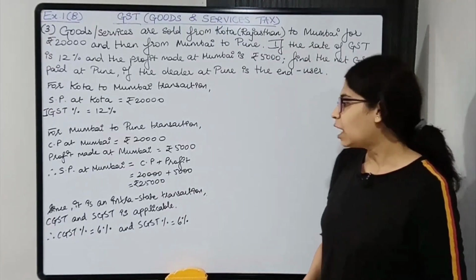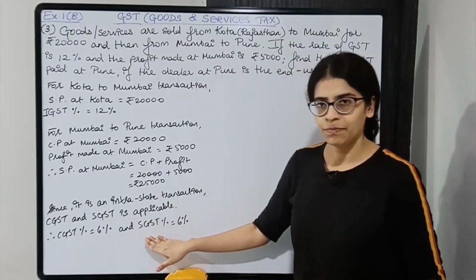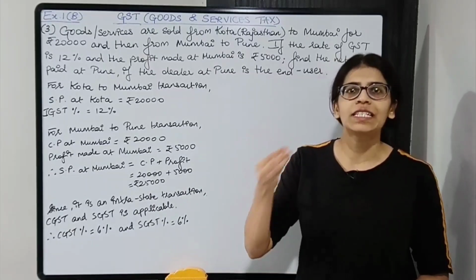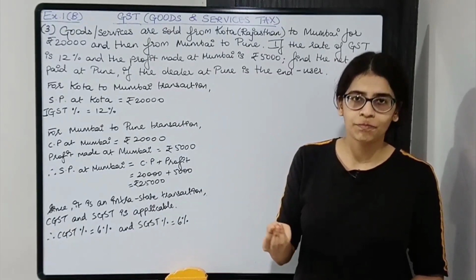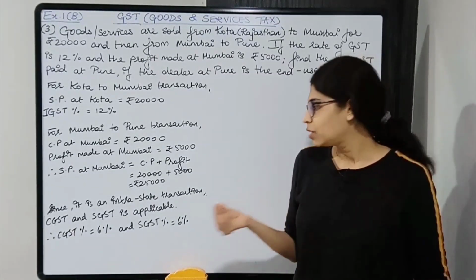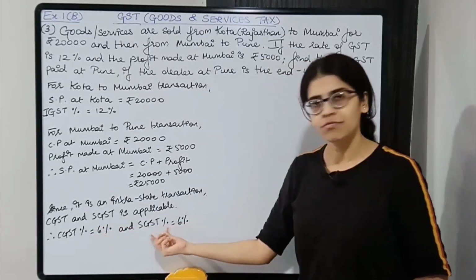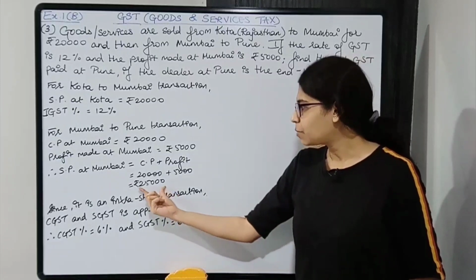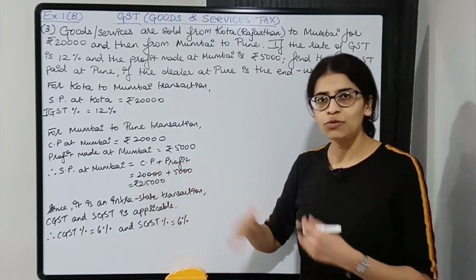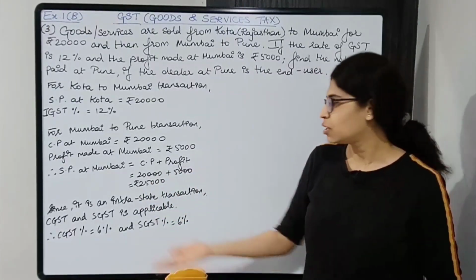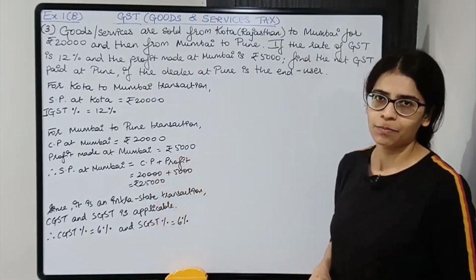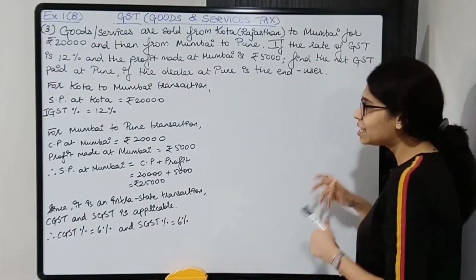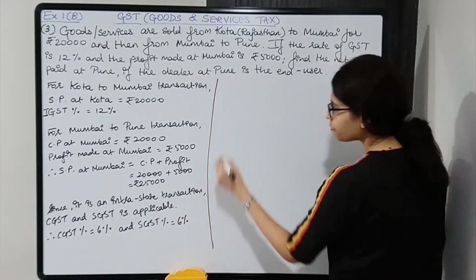Okay. Now let us calculate the GST. What we need to find is how much GST is paid by the Pune dealer. Okay. So it will be this, right? On the selling price. What is the selling price? Selling price is 25,000. So Pune dealer is buying for 25,000. So GST will be applicable on that. Okay. So very easy calculation, students.